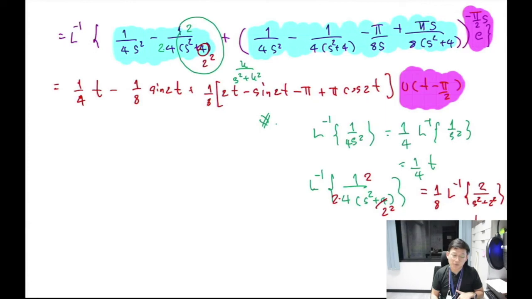So what I want to say is that you need to be really good at doing the Laplace transform and inverse Laplace transform, and the rest is going to be so easy. You just apply the Laplace transform, find Y(s), and then apply the inverse Laplace transform.